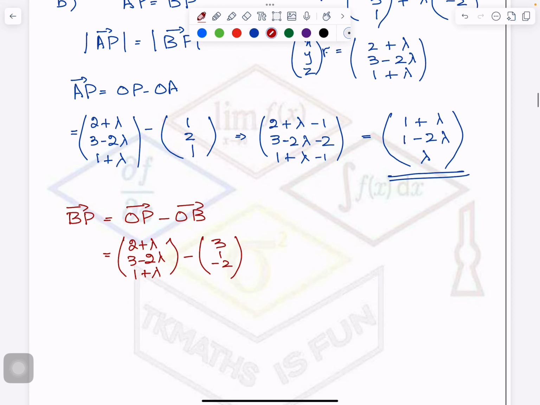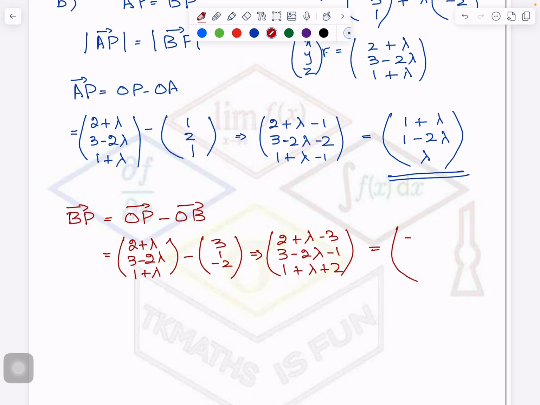So now just like I have done the AP thingy, I am going to simplify it. So it is 2 plus lambda minus 3, 3 minus 2 lambda minus 1, 1 plus lambda plus 2. Right. So now it will become what? 2 minus 3 is minus 1 plus lambda. 3 minus 1 is 2 minus 2 lambda and 3 plus lambda.